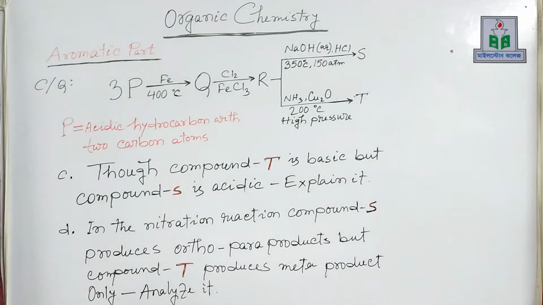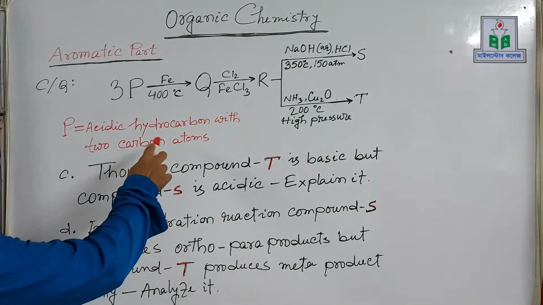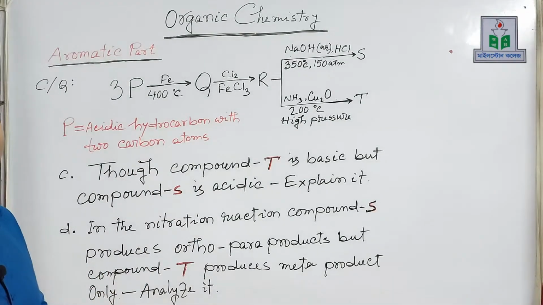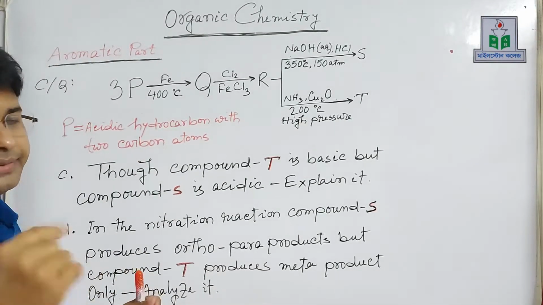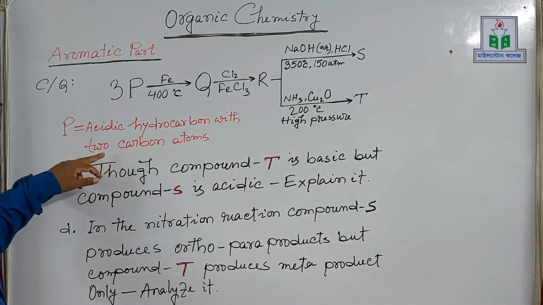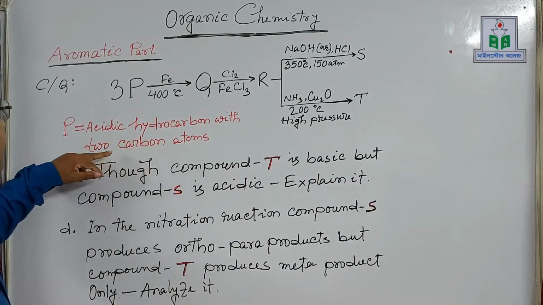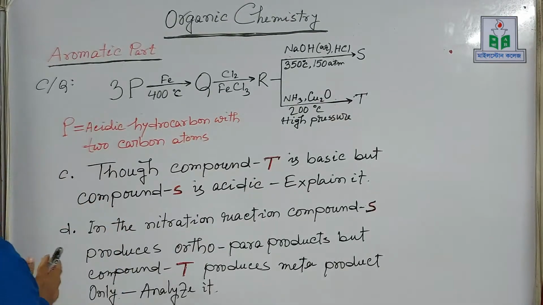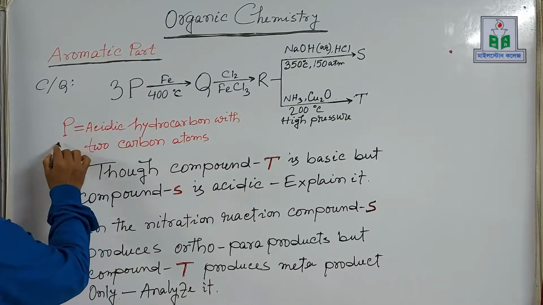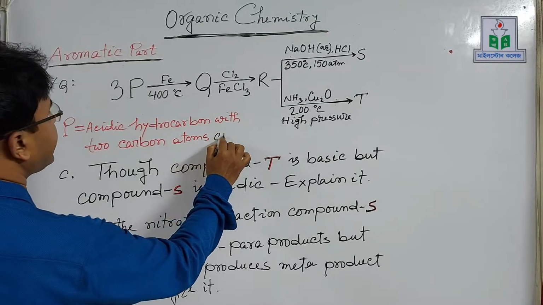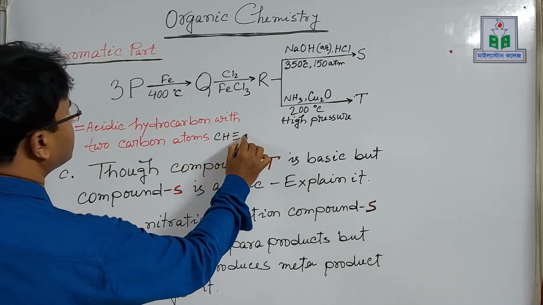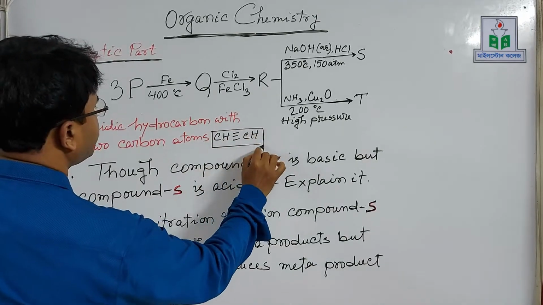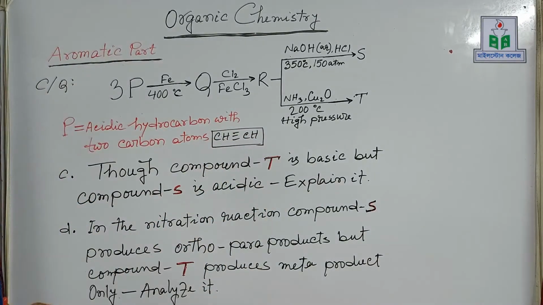My dear students, it is stated that acetic hydrocarbon is actually alkyne 1. As it is acetic hydrocarbon with 2 carbon atoms, of course it indicates ethyne, CH triple bond CH. Actually P indicates ethyne.